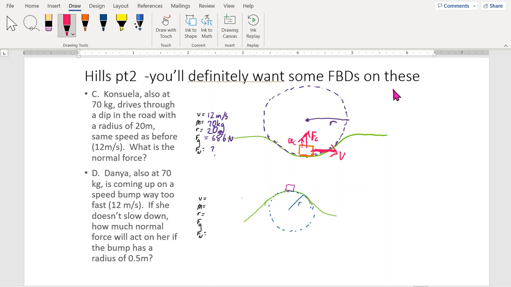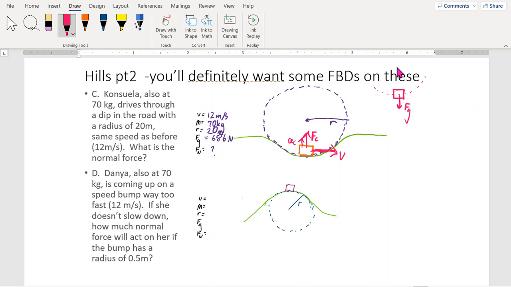So we'll draw the free body diagram over here, and we'll even draw the parts of the circle. We're not really drawing in any other forces. It's just a reference. So as per usual, we've got gravity, supposed to be the same size as before. Doing my best there. And then we've got the normal force.